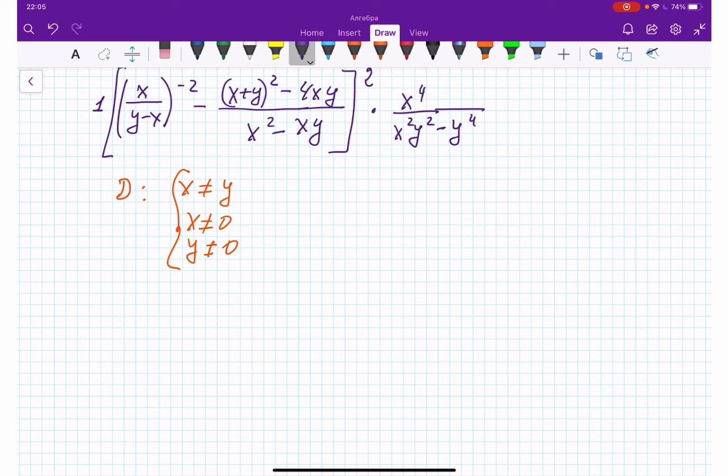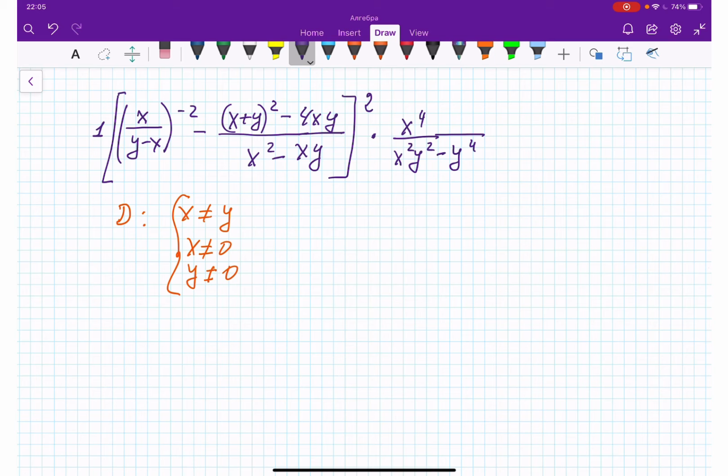So, let's start the simplification. First thing, I'm going to flip this negative 2 exponent, which is going to give (y minus x) squared divided by x squared.